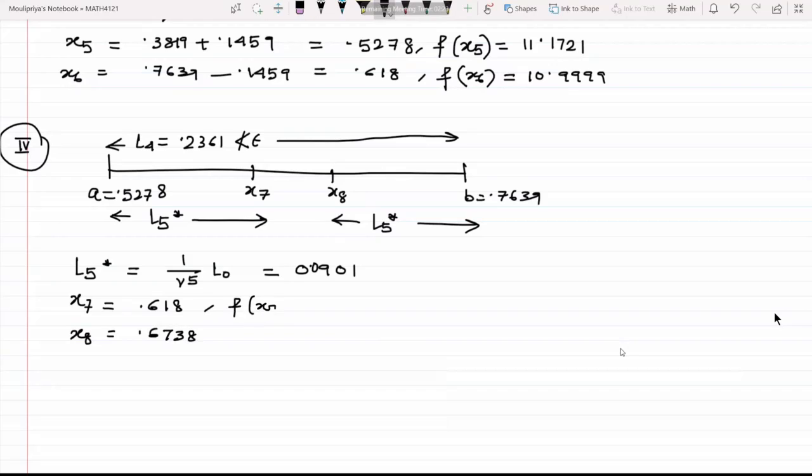f of X7 is almost 10.9999. It should also come as 10 point something. What is f of X8?